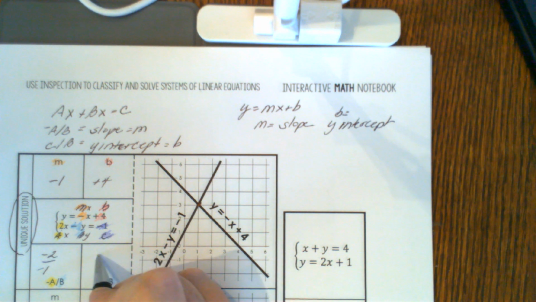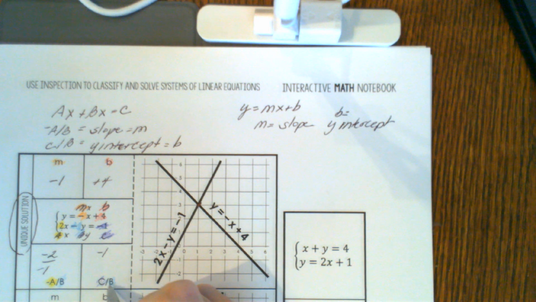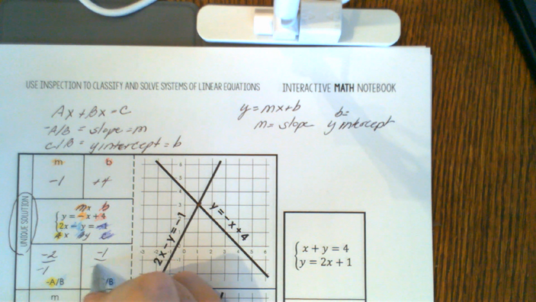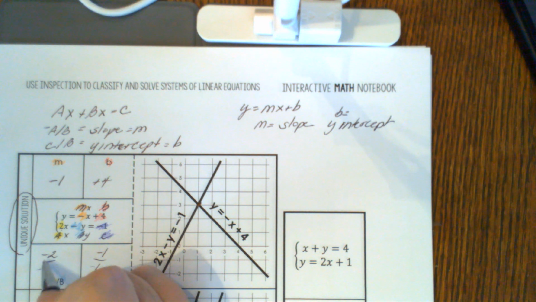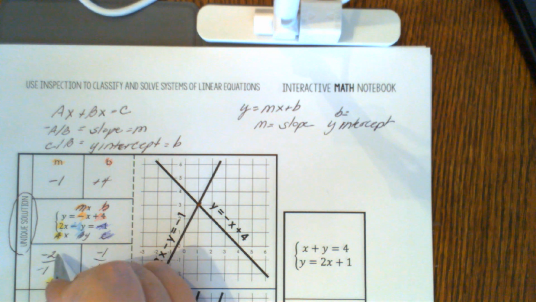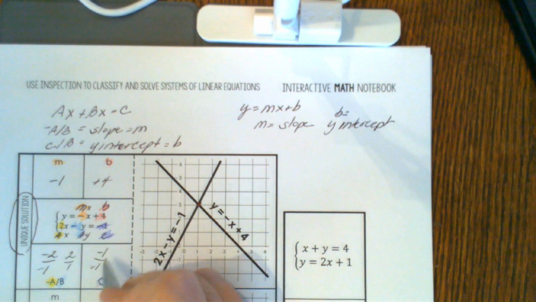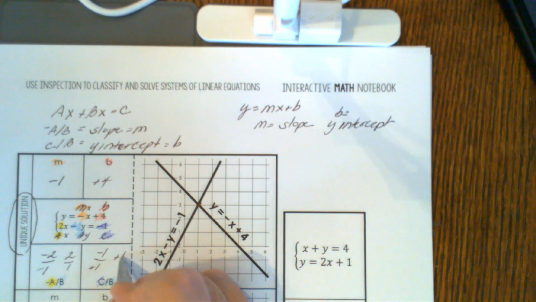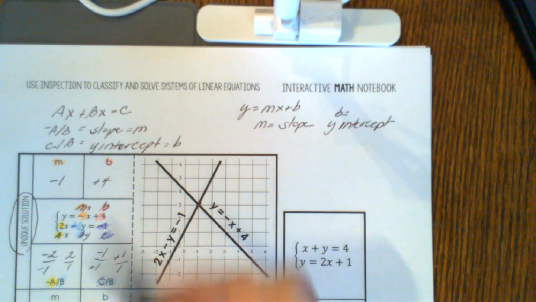And then c is negative 1, and b is also negative 1. So remember, two negatives, when you divide them by each other, become a positive. So negative 2 divided by negative 1 becomes 2 over 1, and negative 1 divided by negative 1 becomes positive 1 over 1, okay?